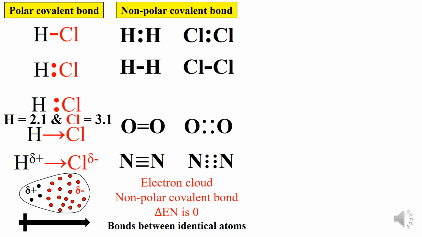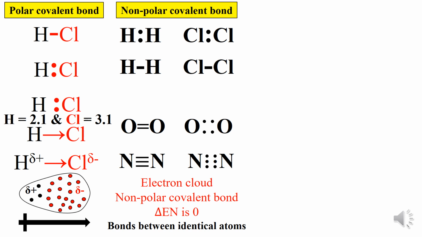So in case of non-polar covalent bond, you will find equal sharing of one or more electron pairs between the atoms involved in bond formation. For example, in case of hydrogen and chlorine molecule, you will find equal sharing of one pair of electrons between the identical atoms.